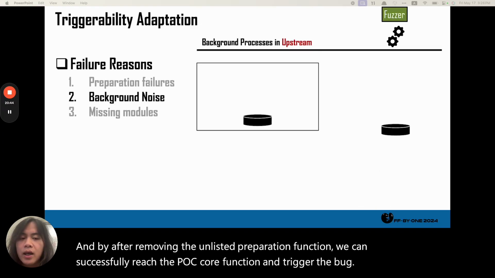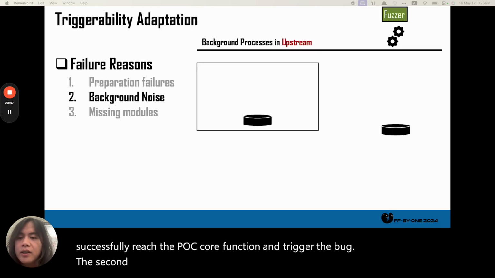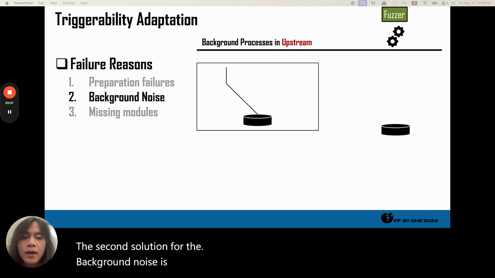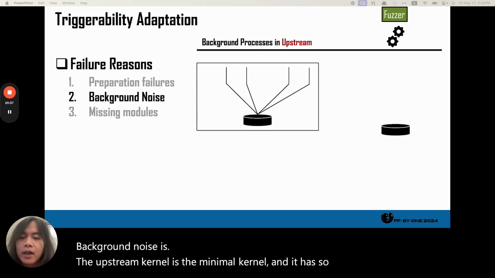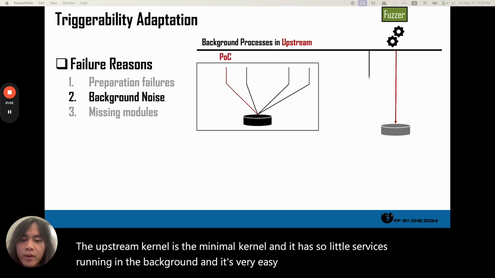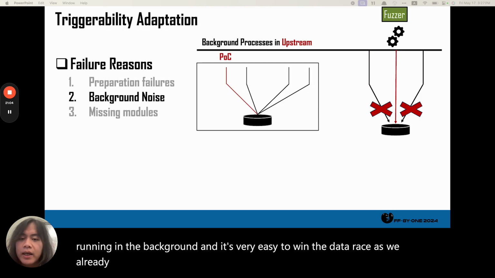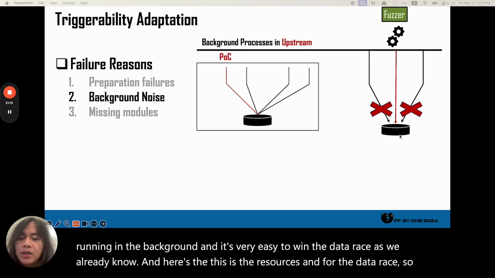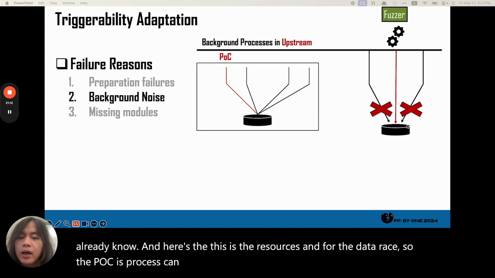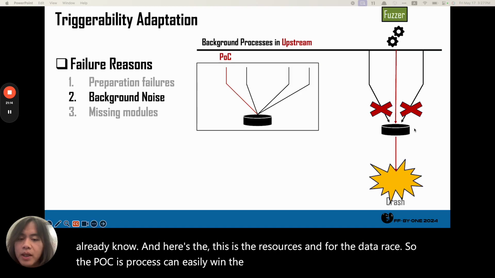The second solution is for the background noise. The upstream kernel is a minimal kernel, and it has so few services running in the background that it's very easy to win the data race, as we already know. So the POC process can easily win the resources and trigger the bug.